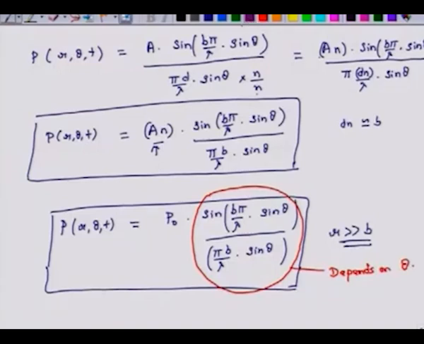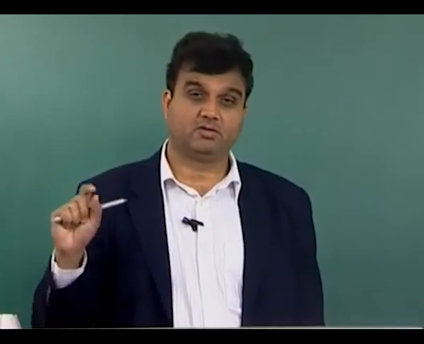This term depends on b, angular frequency omega, and t and r. So, it depends on the size of the array, angular frequency, time and radius, how far away we are from the array.